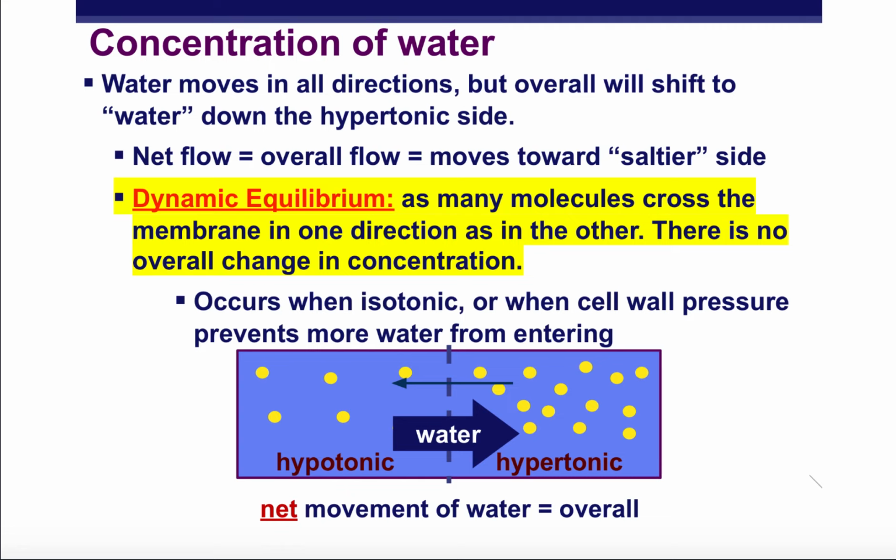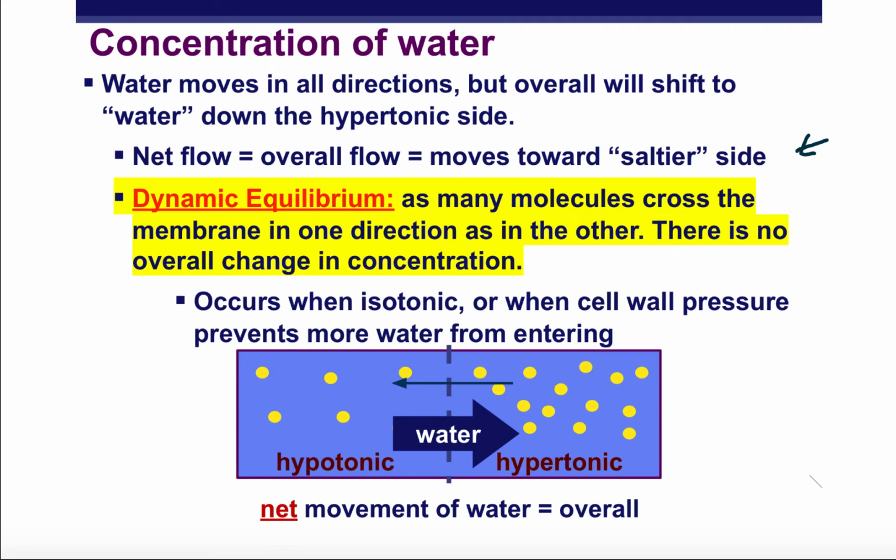Now, net flow, like I said, is always towards the saltier side to get that nice balance. But eventually, at some point, there won't be a shift. They will have exchanged enough water towards the saltier side that both sides are roughly equal. So does the water just stop moving at all? No, it's still moving. Liquid molecules naturally flow around, but there's not a movement that's going to lead to a concentration difference.